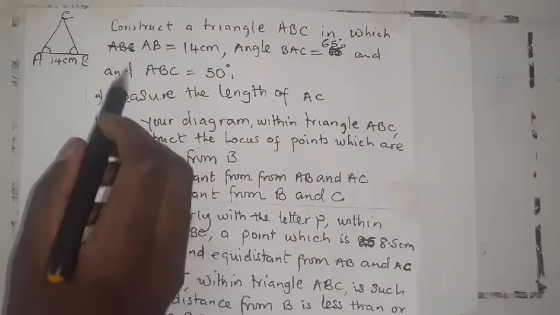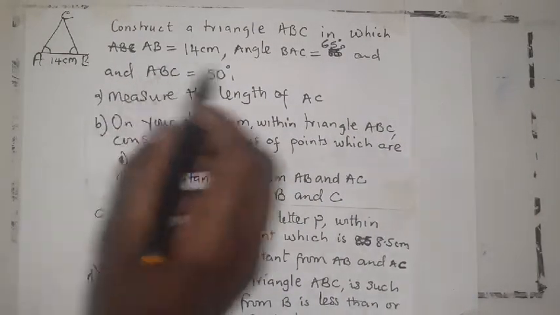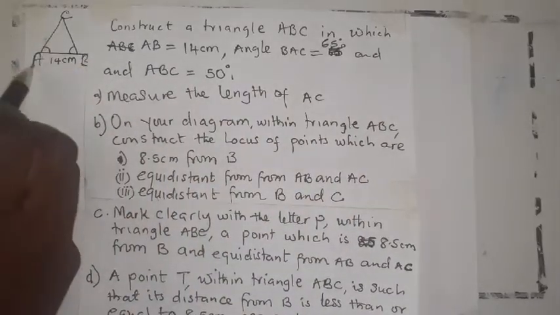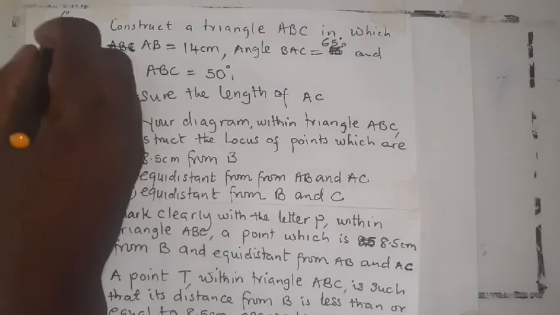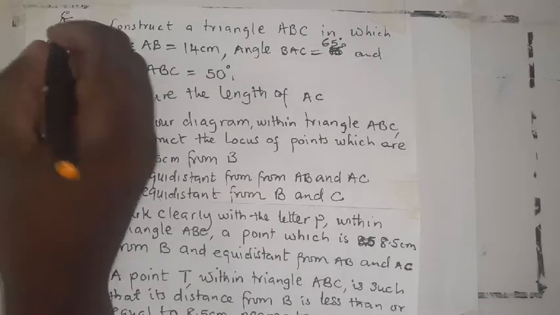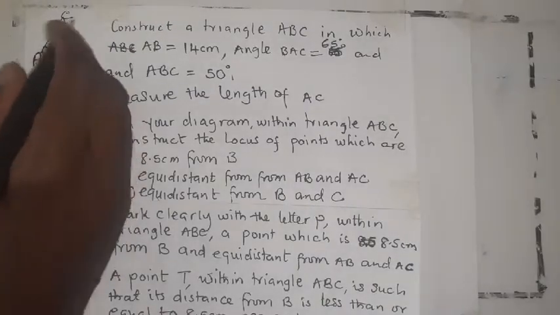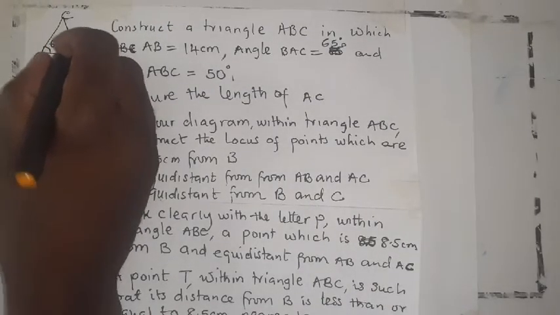Okay, then what we are given now are these angles. This angle here, angle BAC, is 65. Then this other angle, which is ABC, is 50.